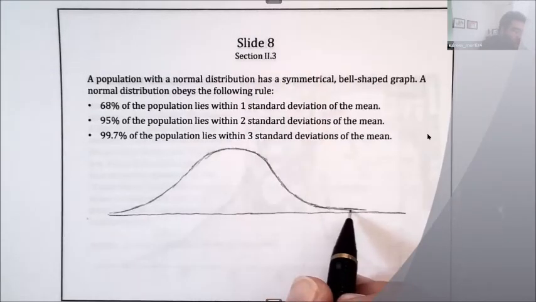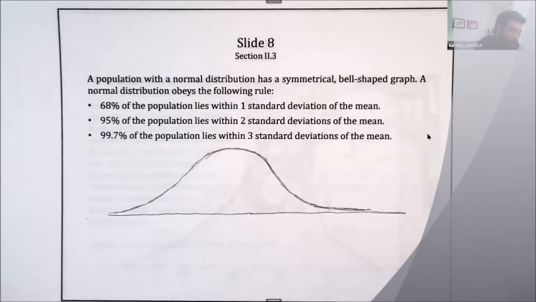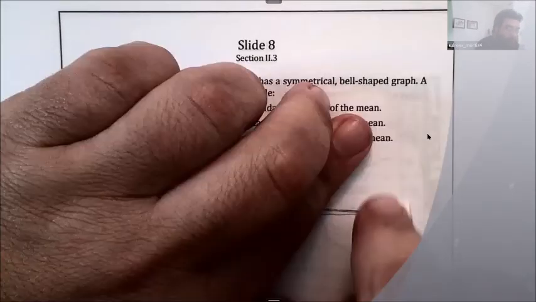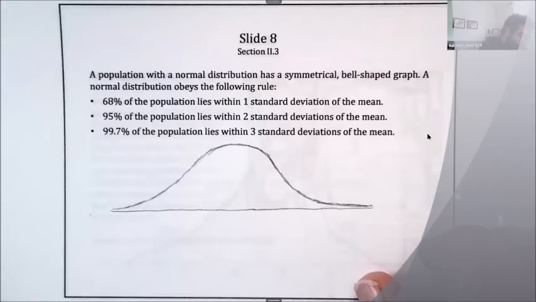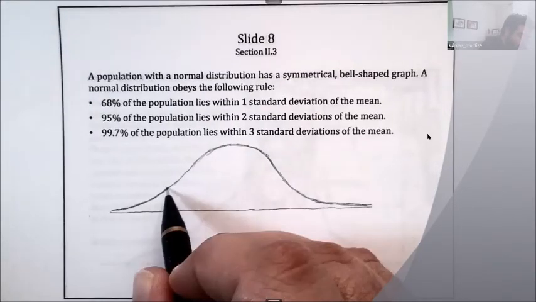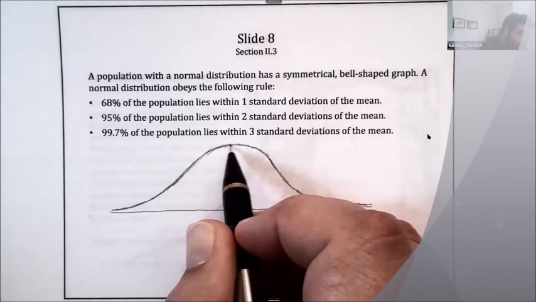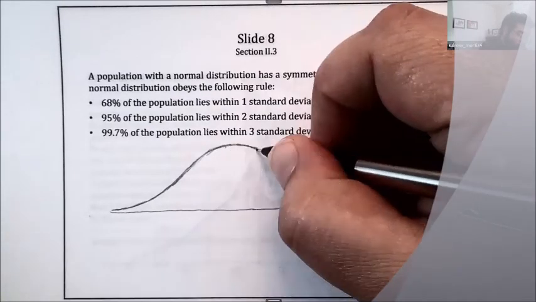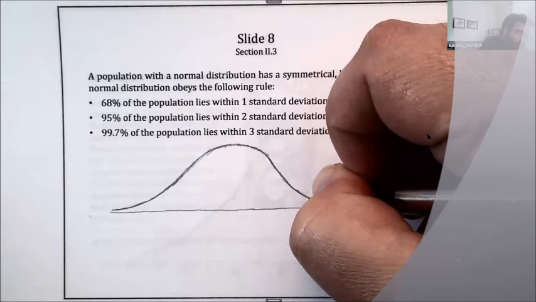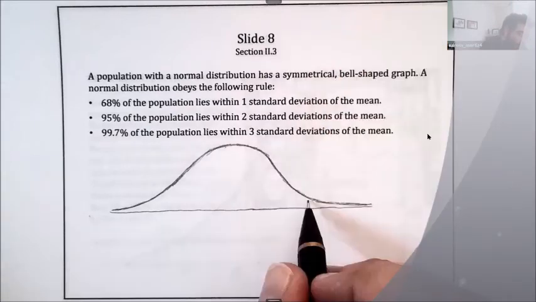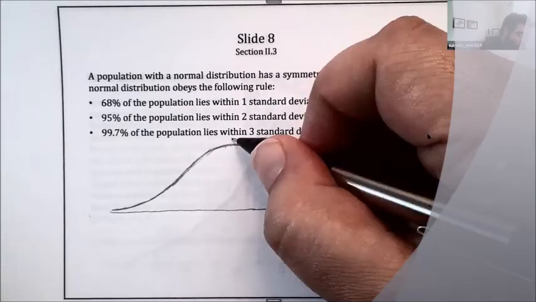This picture I've drawn is supposed to be symmetric. The line of symmetry is the mean. That's right in the middle. So you have 50% of the data above the mean and 50% of the data below the mean.